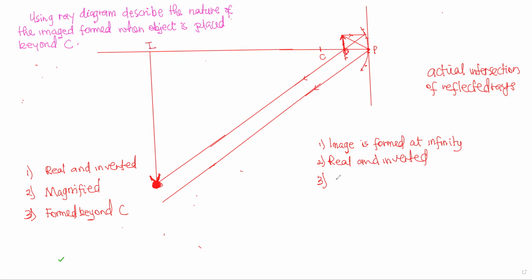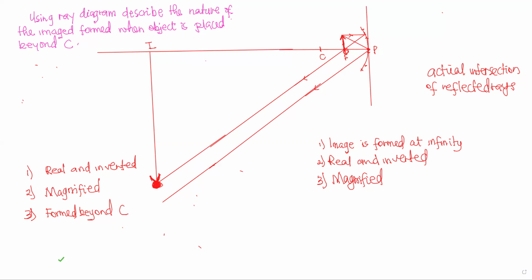So the image is magnified. So put this in your notebook. When an object is placed at F1, the image is formed at infinity. Image will be real. Image will be inverted. And image is magnified. Class, are we okay? Yes, sir.